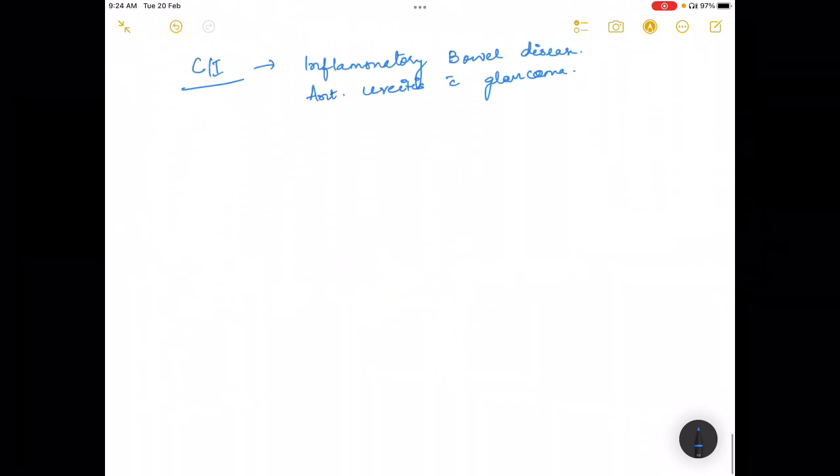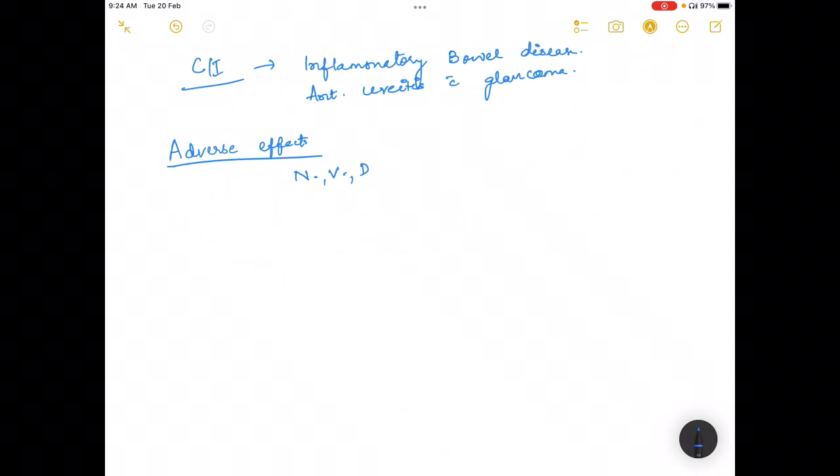Like misoprostol is contraindicated in pregnancy, if given for peptic ulcer. So what are the adverse effects of prostaglandins generally? There is nausea, vomiting, diarrhea.